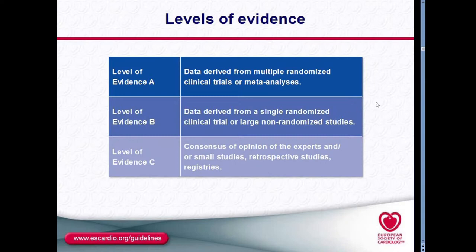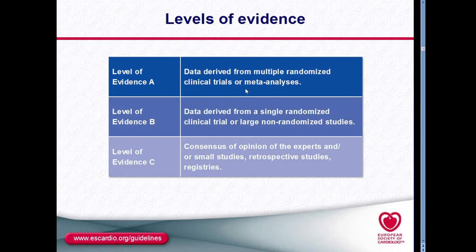And the levels of evidence. Level A, when the data derived from multiple randomized clinical trials or meta-analysis. Level B, when the data derived from a single randomized clinical trial or large non-randomized studies.